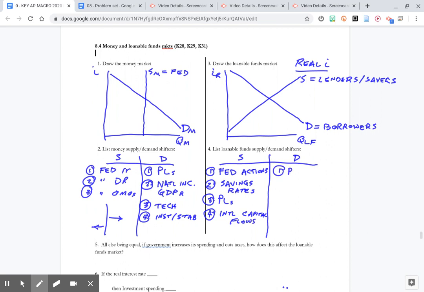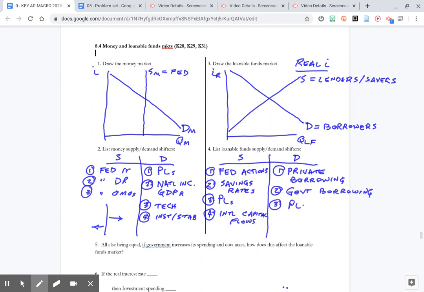It would be private borrowing, and so obviously if people want to borrow more, that increases the demand. Government borrowing is another one. So if governments borrow a lot, like in the second quarter of 2020, the government has borrowed $3 trillion. That's with a T. A lot of money.